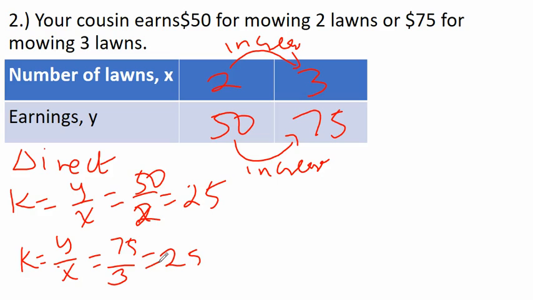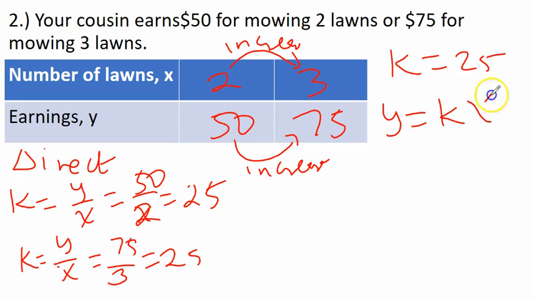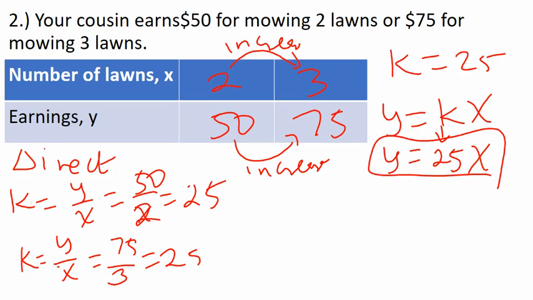So k is 25. So if k is 25, then the linear equation is y equals kx. So we substitute 25 for k, and that is our equation.